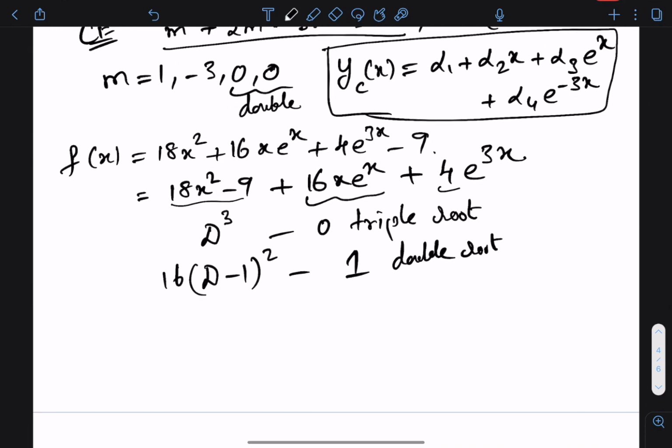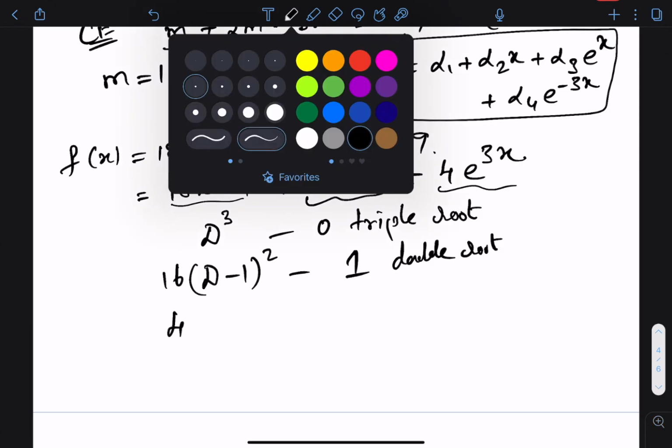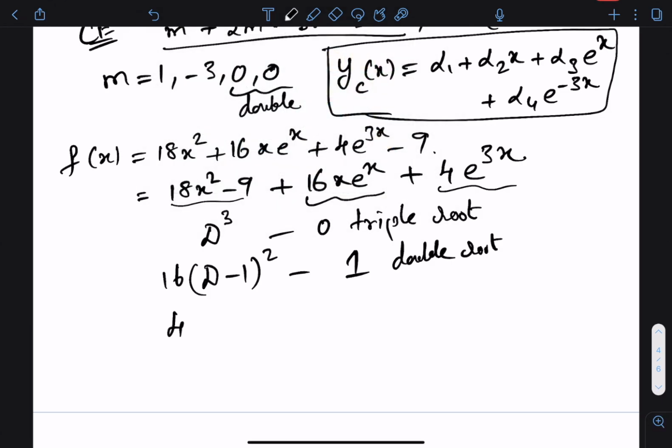And the last one, 4 e power 3x, will be annihilated by D minus 3, which means 3 is a root.